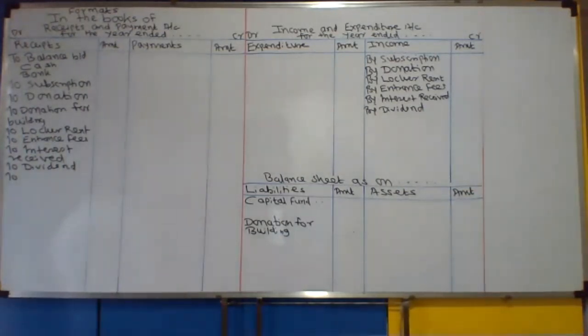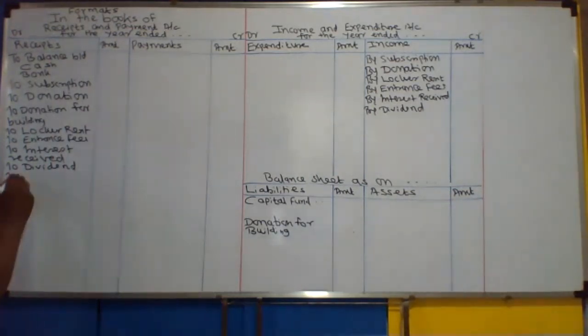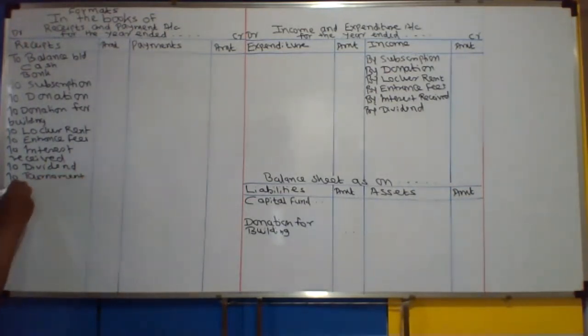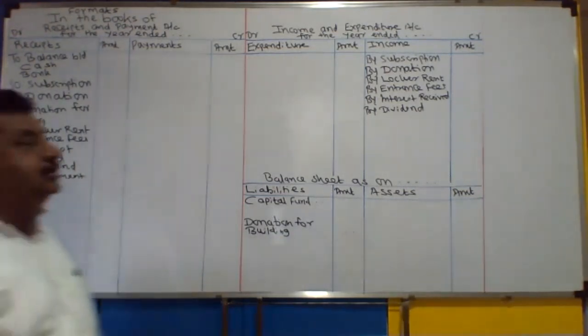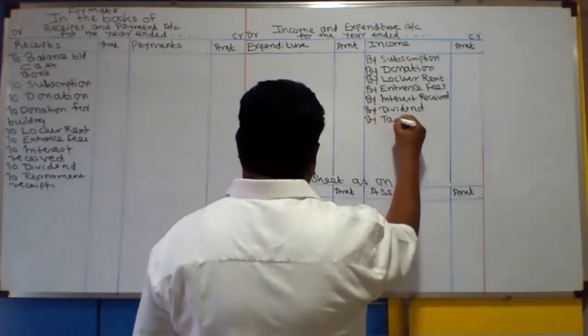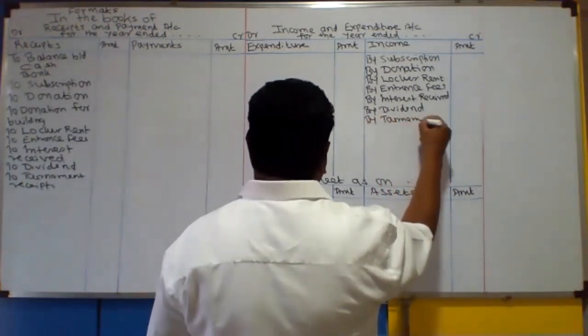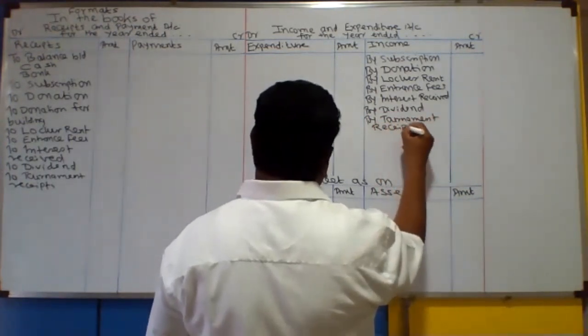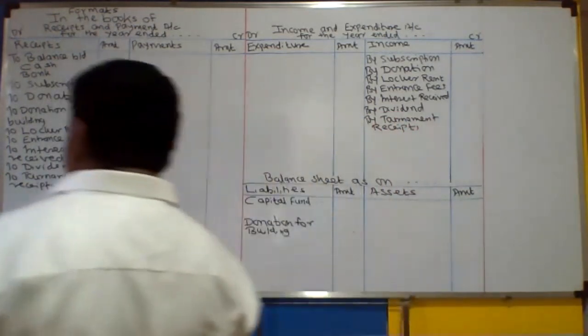Then to tournament receipts. This is also income by tournament receipts. अब वहां पे टू है तो यहाँ पे बाय करके आएगा वो.